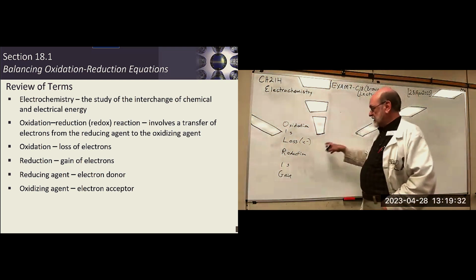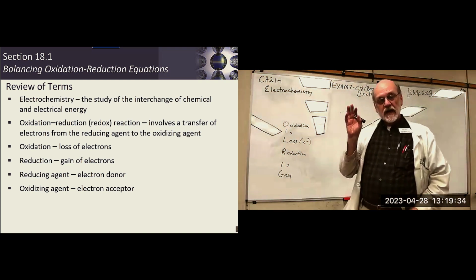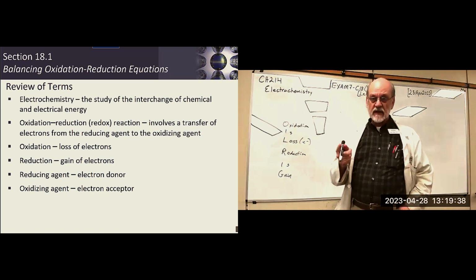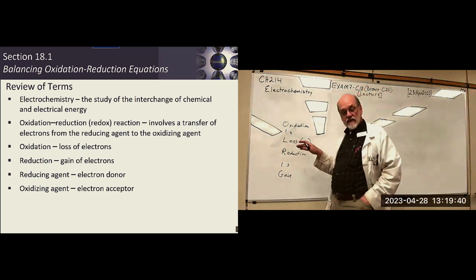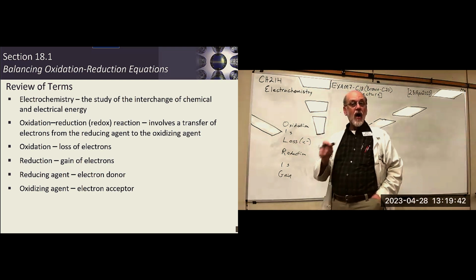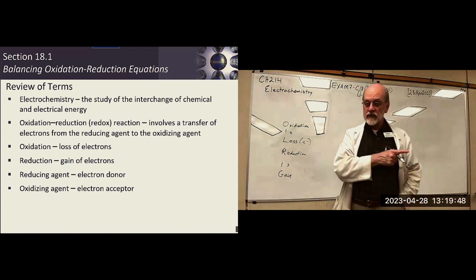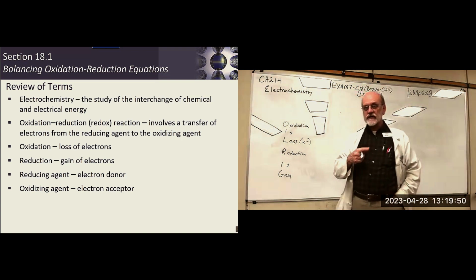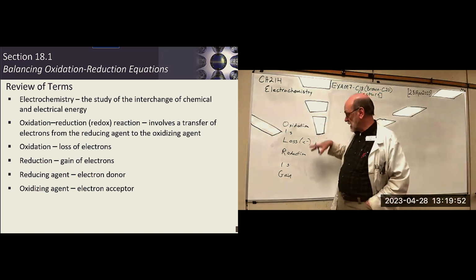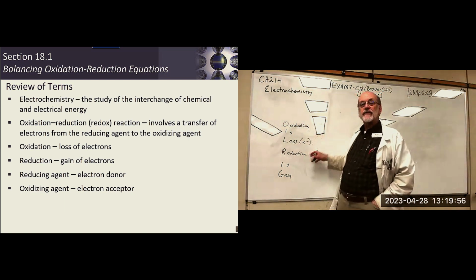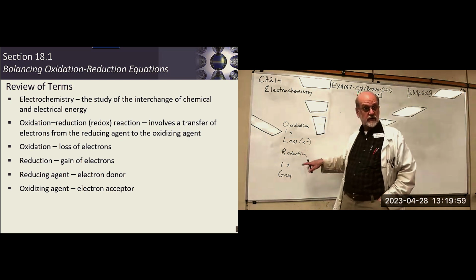Once we've defined these terms, it's important to remember that oxidation and reduction processes in chemistry always occur together. If something is oxidized, something else must be reduced. Those electrons that one item loses have to show up in a reduction.